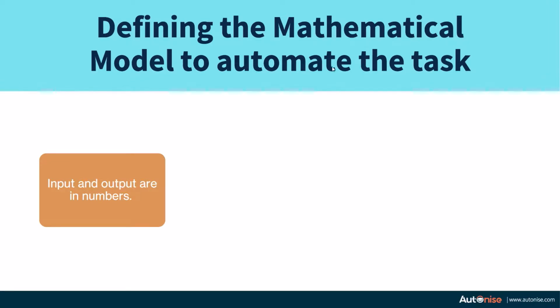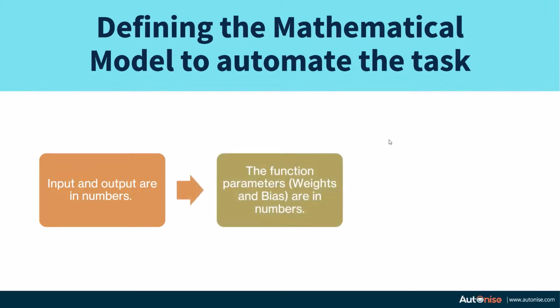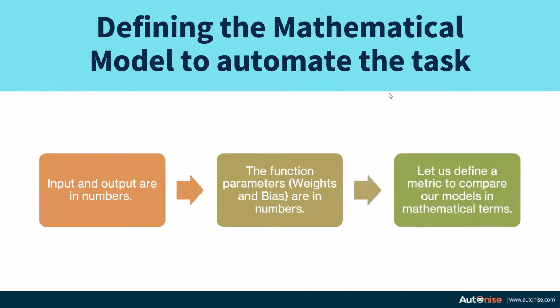For creating a mathematical model, we want all of our data to be in numbers. So we have our input in numbers. We also have the output in numbers. We have achieved that. The function parameters, weights and biases are in numbers. So that's also a good sign. The input is numbers, the weights are numbers, the output is numbers as well.